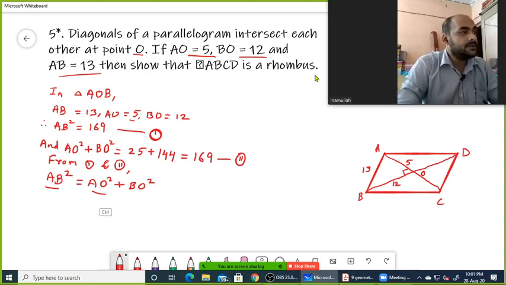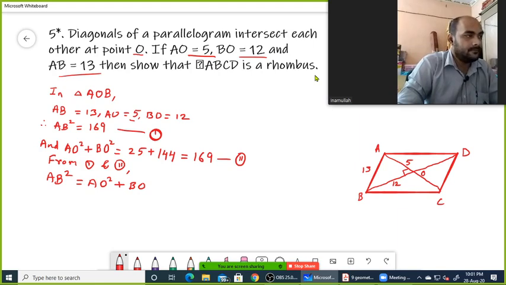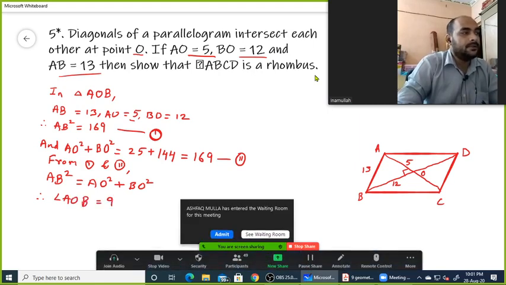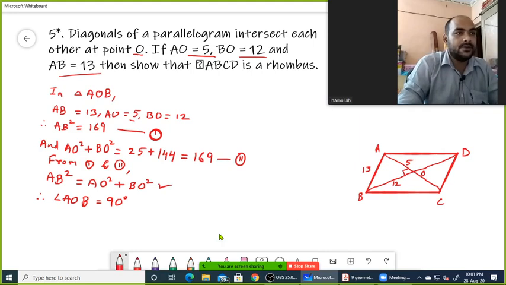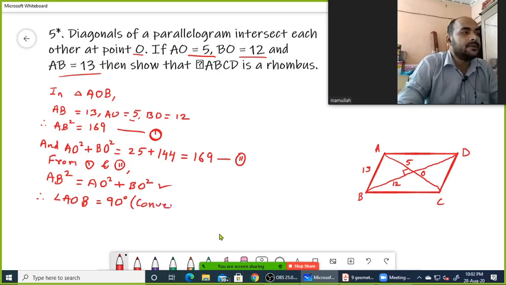Because of this, I can say therefore angle AOB is 90 degrees, because this condition is possible only in a right angle triangle as per Pythagoras, and the reason we can give is the converse of Pythagoras theorem.